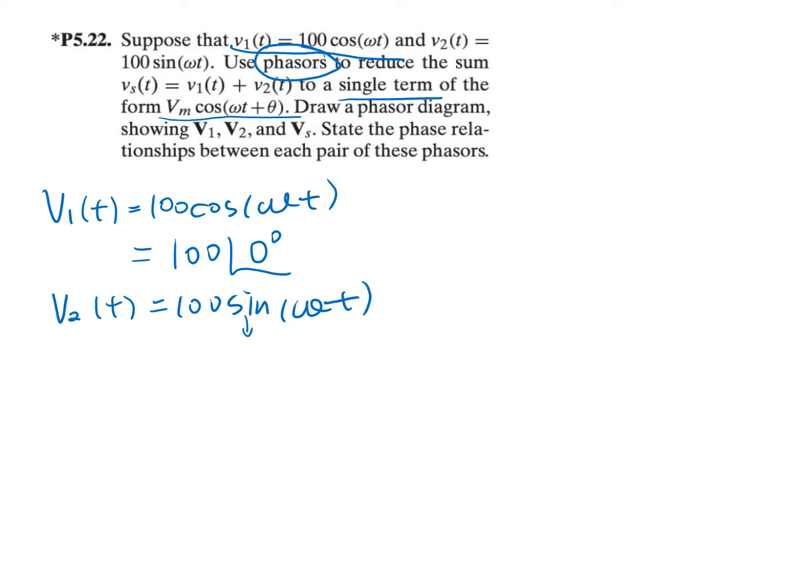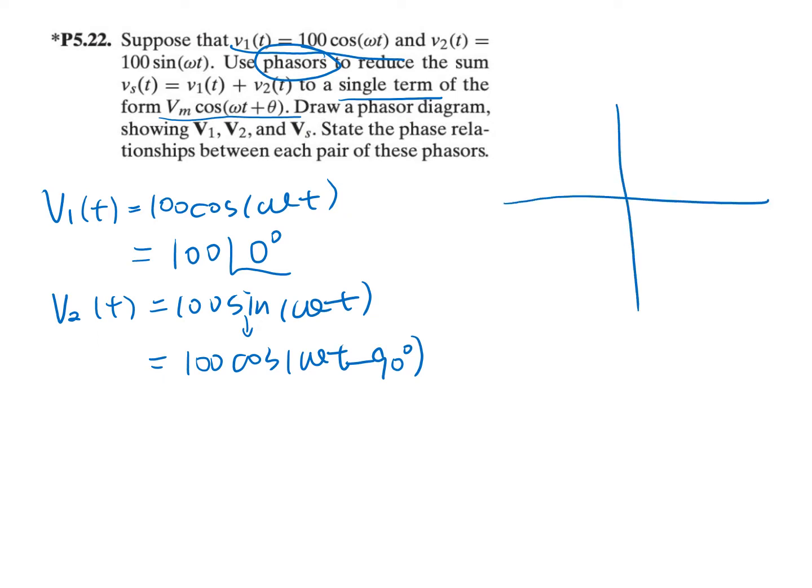What we need to do now is first convert it into the cosine. So that is 100 cosine omega t minus 90 degrees. Well, we can draw a cross here and see how to convert by using the trigonometric identities.